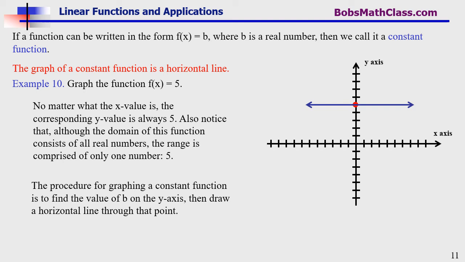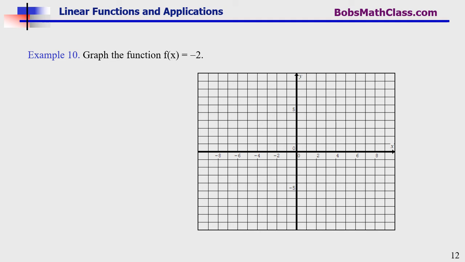That's it. Nothing else to do. Here's another example. f of x equals -2. Again, find -2 on the y-axis and draw a horizontal line. That's it. It's all done.